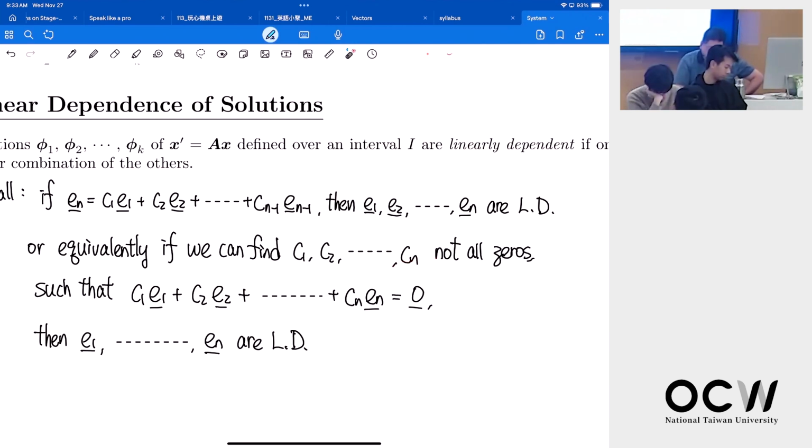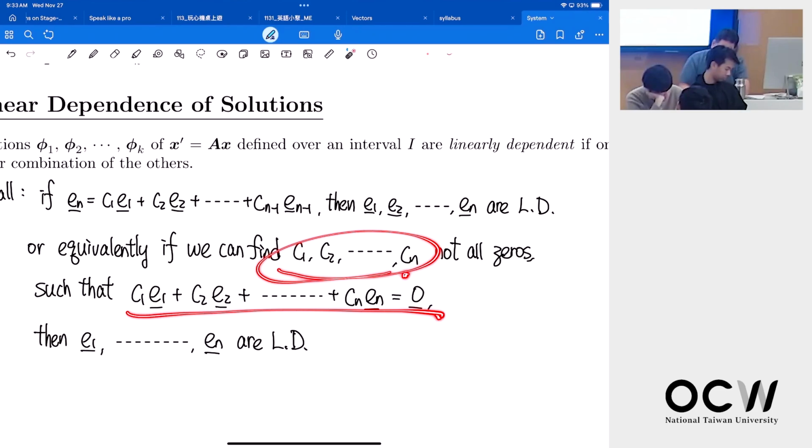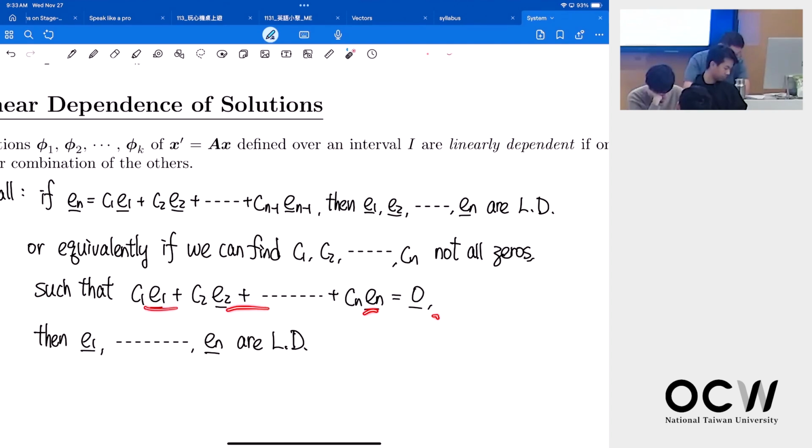Some of them may be 0, but some are not. Well, if the equation is satisfied only when all the coefficients are zeros, then we say the vectors are linearly independent.